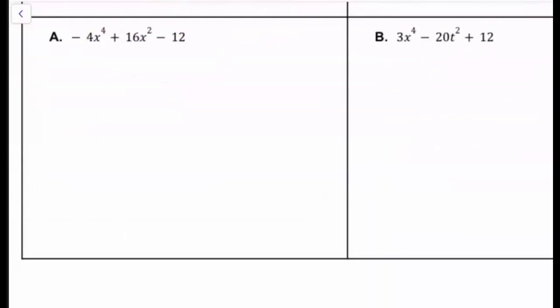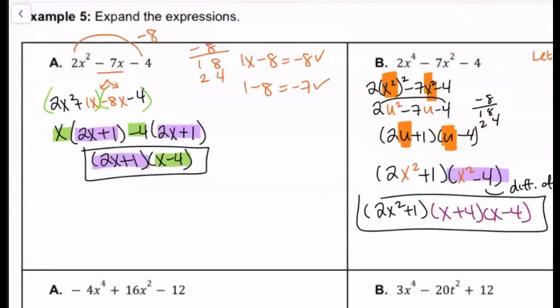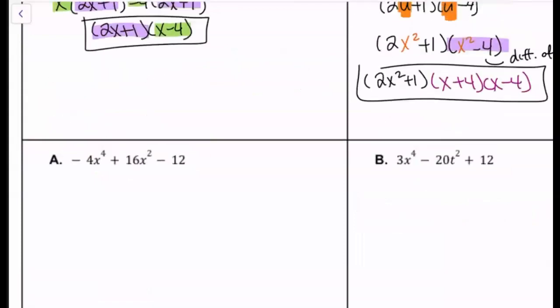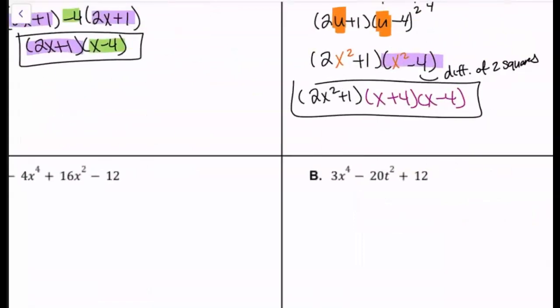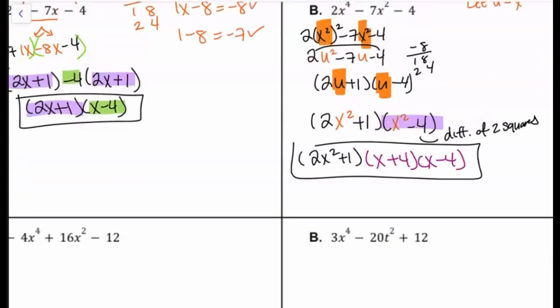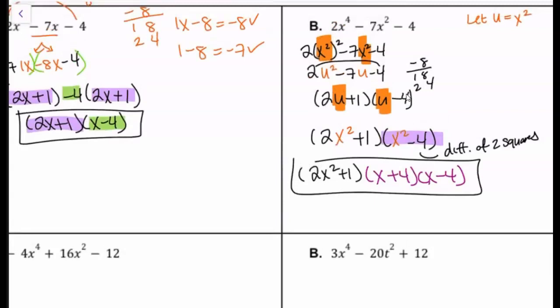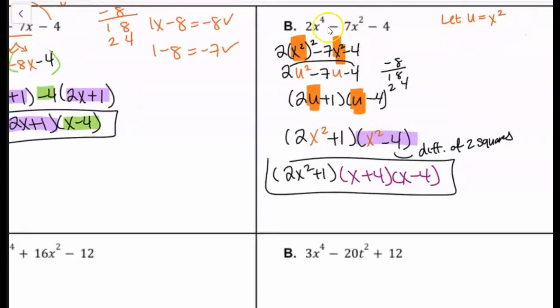So in this problem, same idea that we did last time, we are going to factor our quartic expression. Remember, that's what you call it when it's to the 4th. We don't necessarily have to do this step where you substitute and say u is x squared and then replace everything with u's and then replace it back.